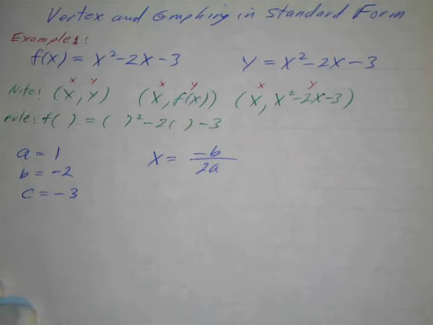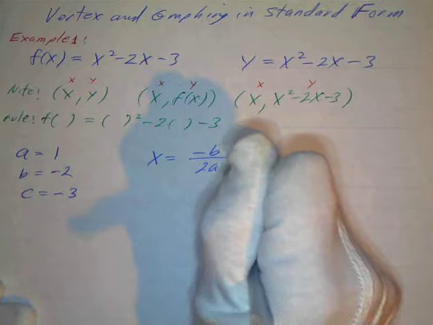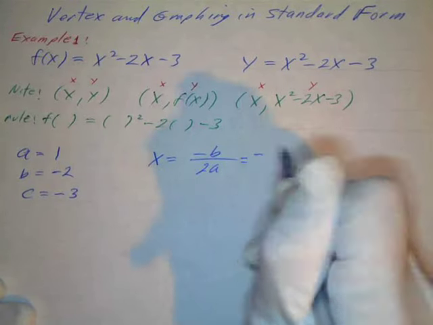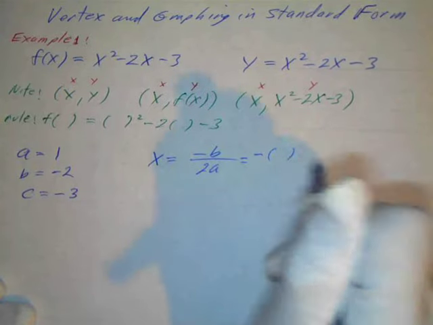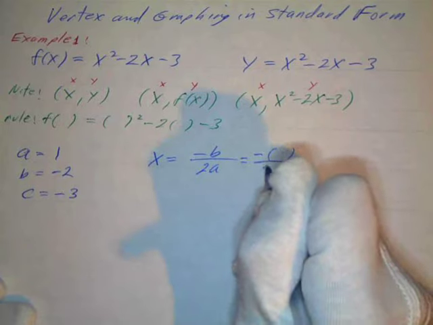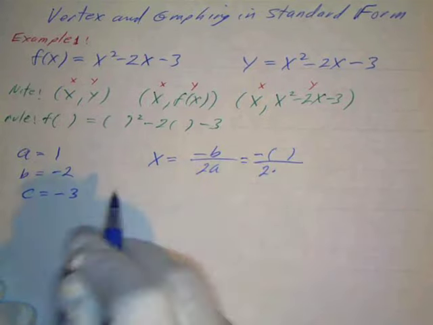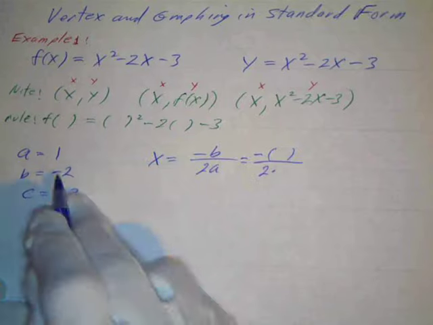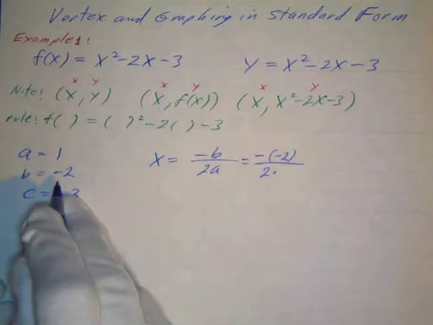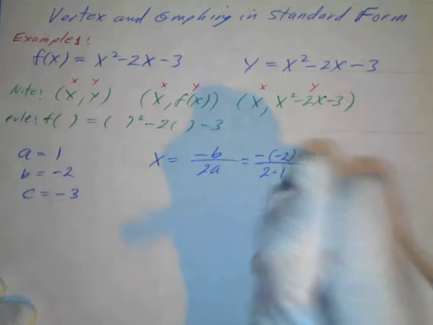So when we put this into our equation to find out what x is, that's going to be negative, and I'll leave a little parentheses, and that's going to be all over 2 times a. And what's my b? Negative 2. So now I've got double negatives, a negative in the formula and a negative in the data. And a is 1.